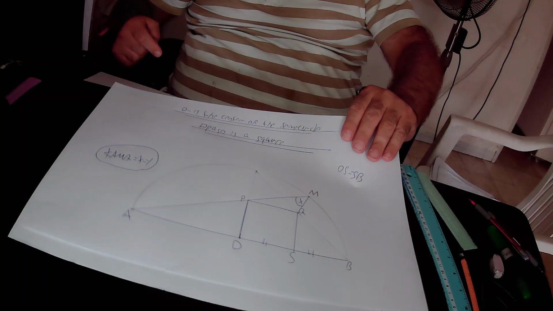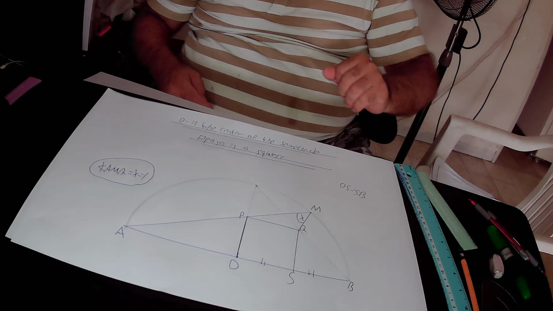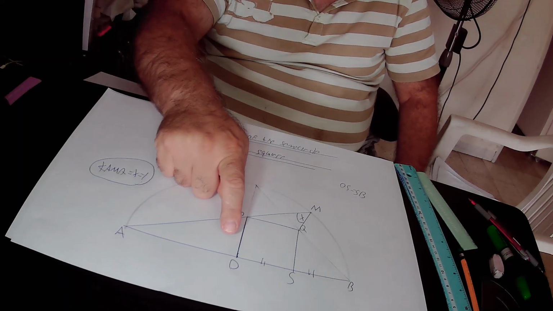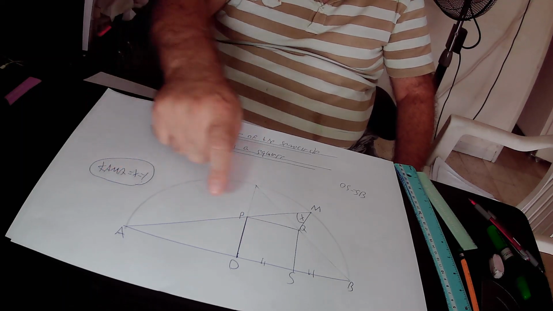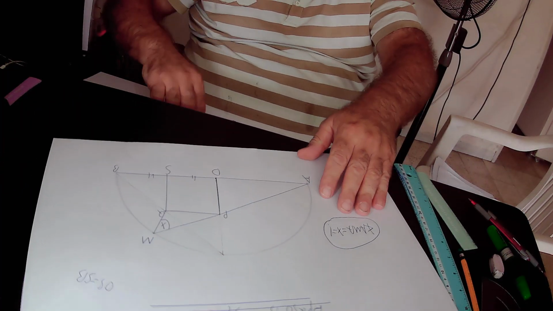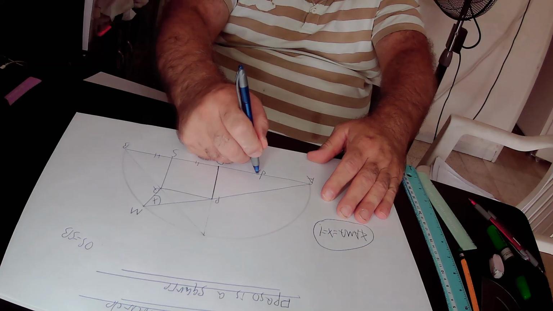So we start with the first question. In the drawing we have a semicircle. Point O is the center of this semicircle. AB is the diameter of this semicircle.